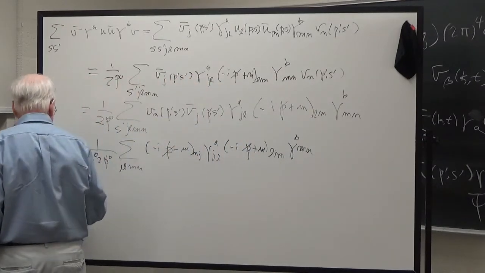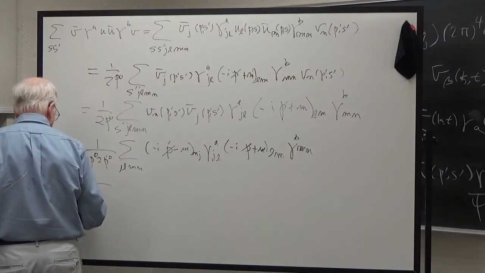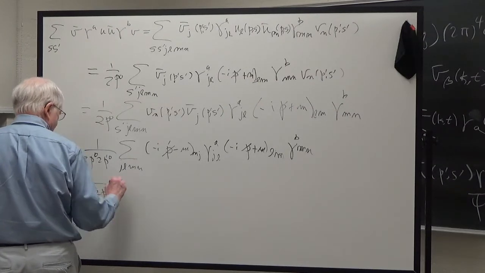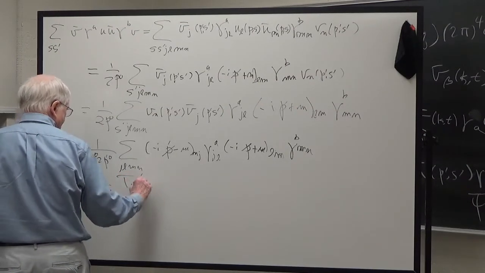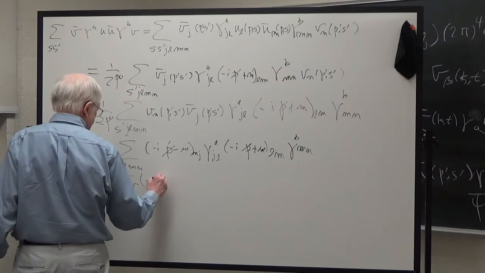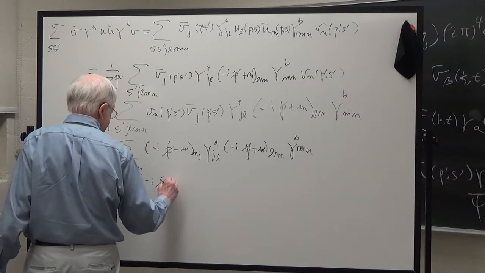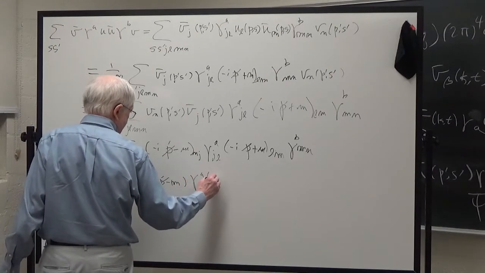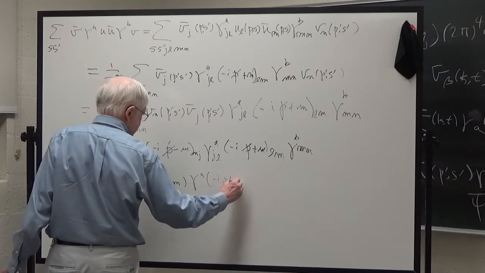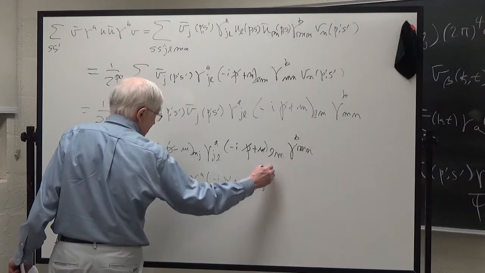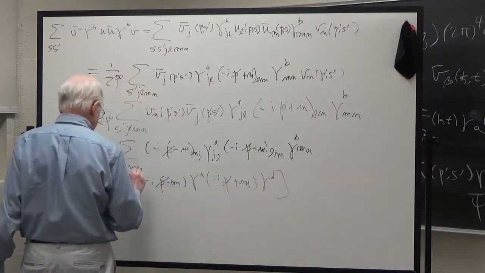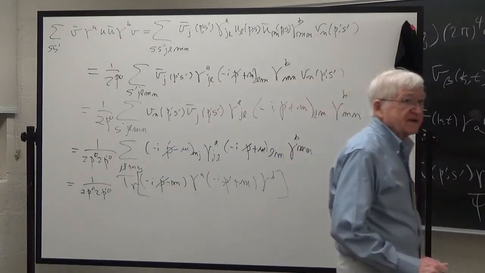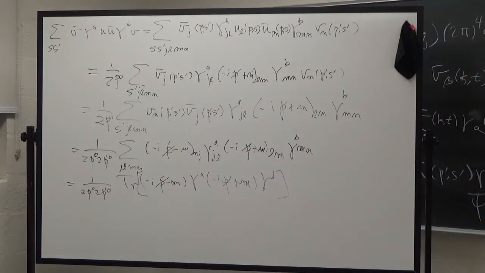So this is 1 over 2p0, 2p prime 0, times the trace of minus i p prime-slash minus m, gamma^A, minus i p-slash plus m, gamma^B. So it's a trace of something that's quartic in gamma matrices.